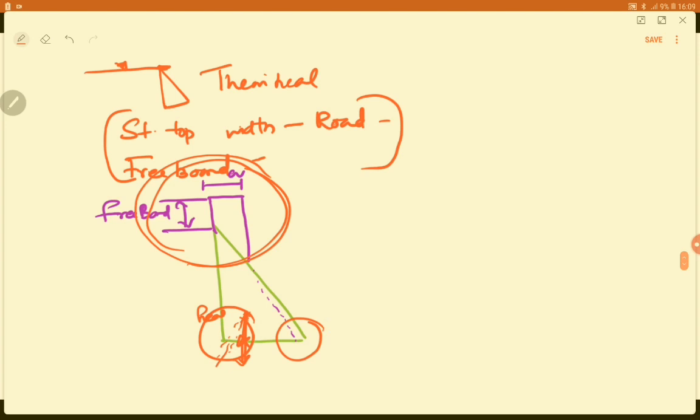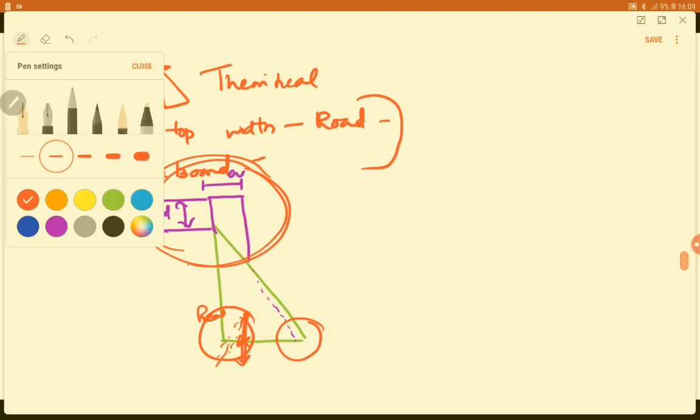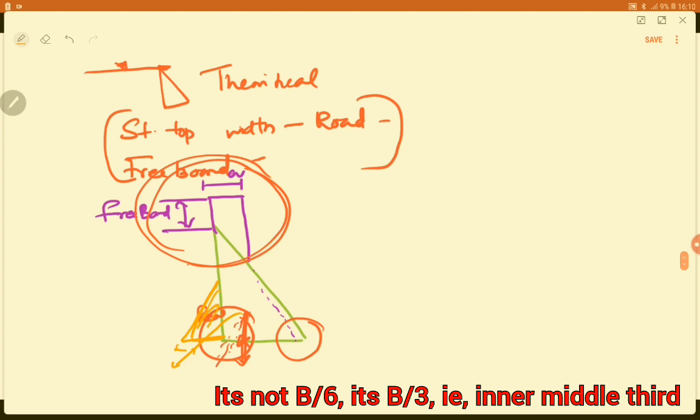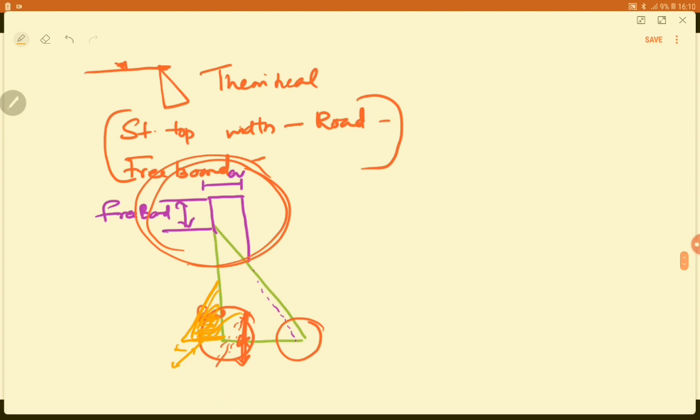To avoid that, you provide some masonry on the upstream side. So you have some extra masonry work constructed so that the resultant is well within the B/6 limit.